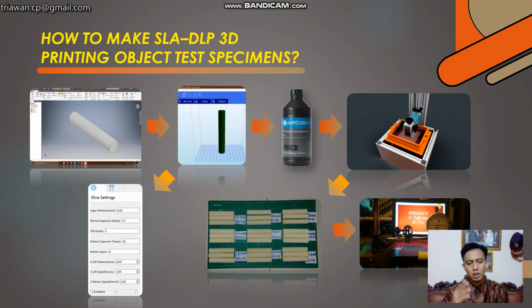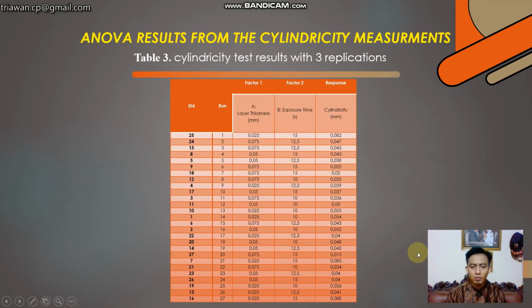After that we run the 3D printer, and the result is this, soft-looking at the bottom. And then after that we test the specimen, the cylindricity measurements like this one.